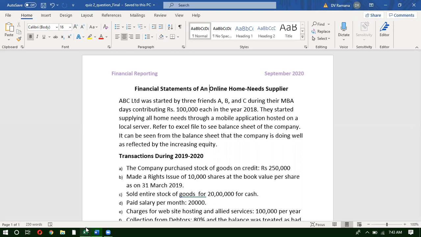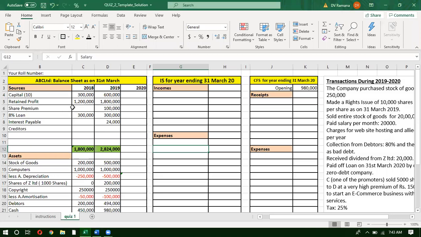As can be seen from their Excel balance sheet, the company is doing well, as reflected by the retained profit, and the equity of the company has increased from 1.5 million to 2.4 million in a period of 2 years.